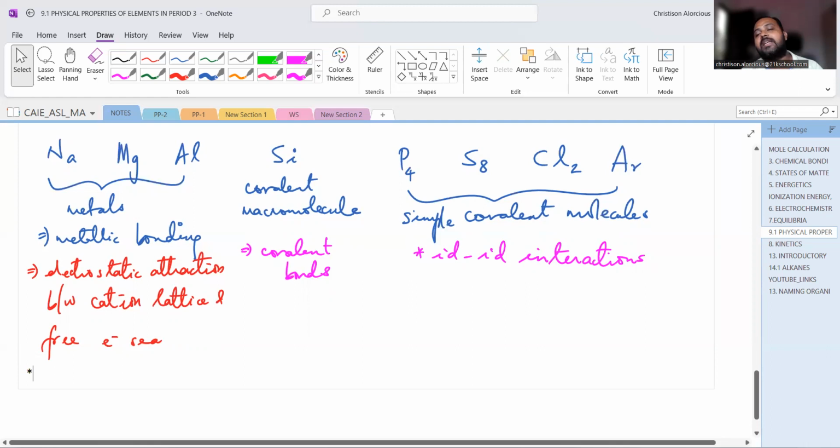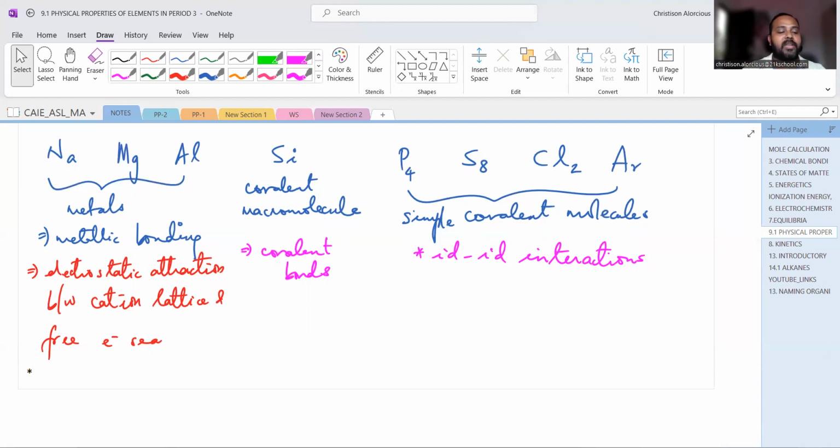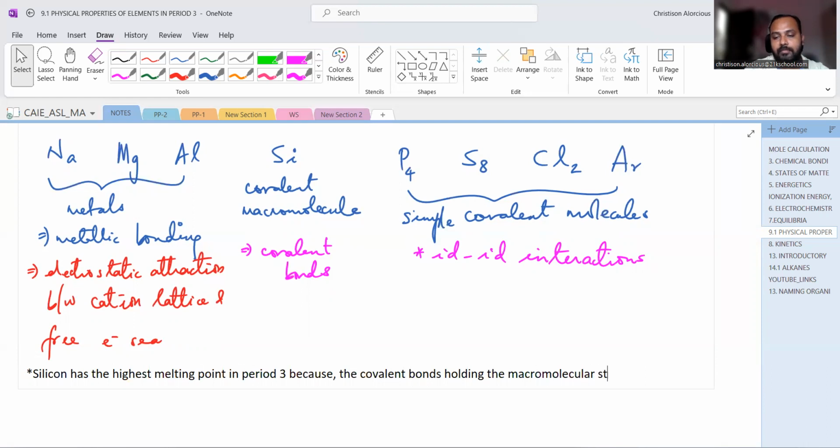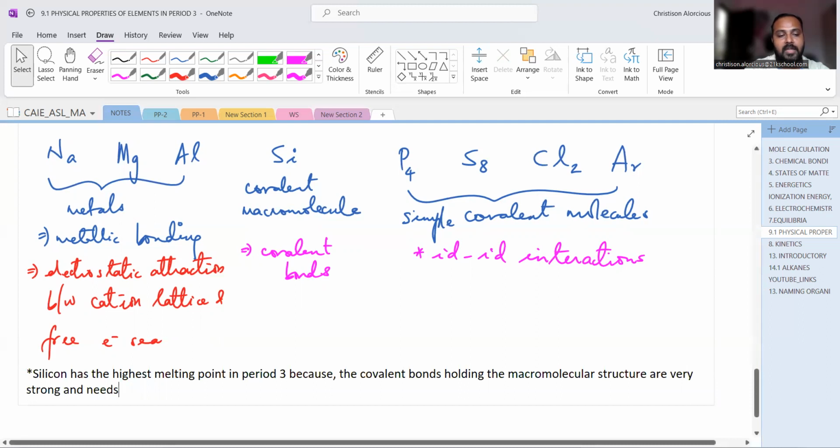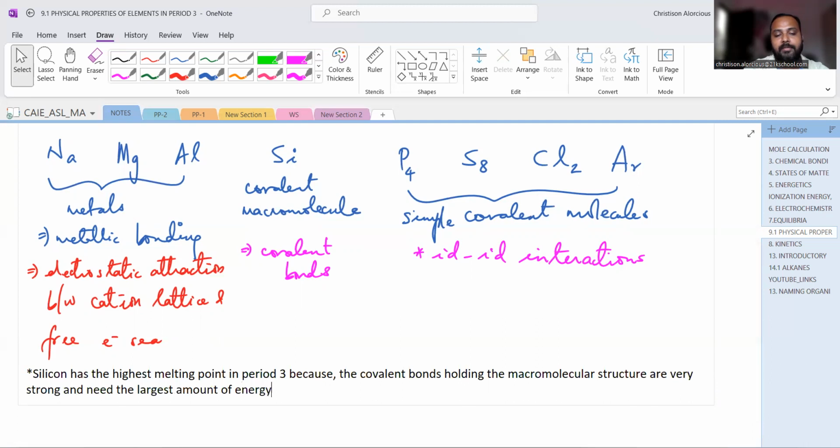And hence, silicon has the highest melting point in period 3, because the covalent bonds holding the macromolecular structure are very strong and need the largest amount of energy to break.